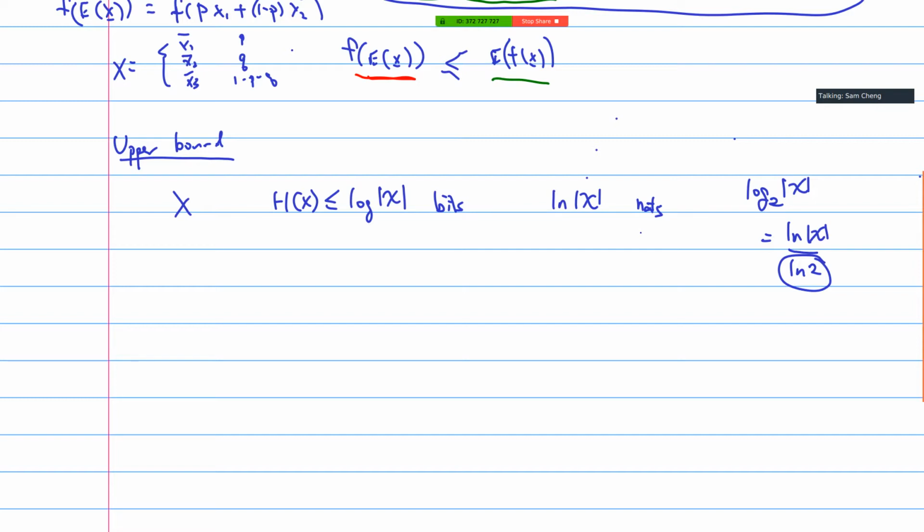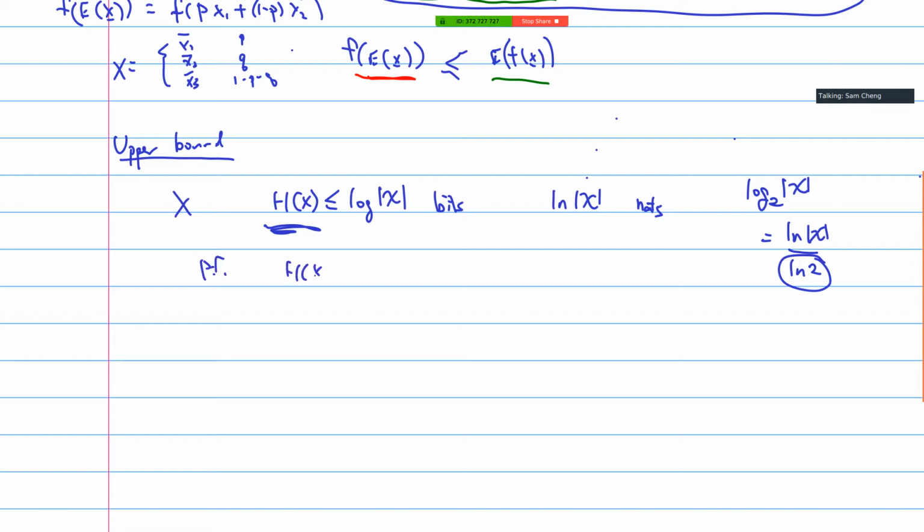People just introduce different units for different logs. And we say that for a random variable x, the entropy will be bounded by log |X|. So let's just prove that.